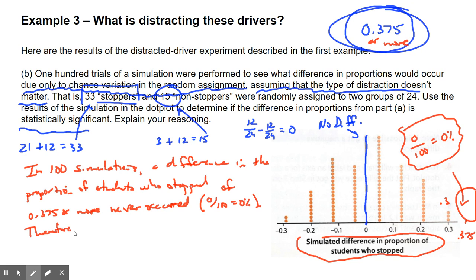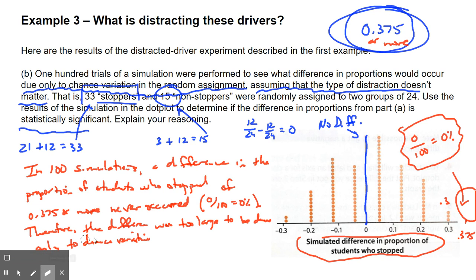Therefore, the difference, and again, because it didn't happen very often by chance, that means the difference was too large to be due only to chance variation, those are important words, only to chance variation in the random assignment of treatments.